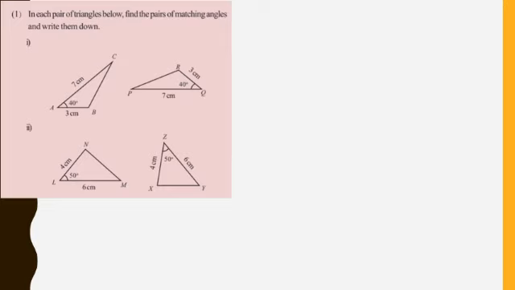Here our question is, in each pair of triangles below, find the pairs of matching angles and write them down. In the second part also you can see two triangles, triangle LMN and triangle XYZ.